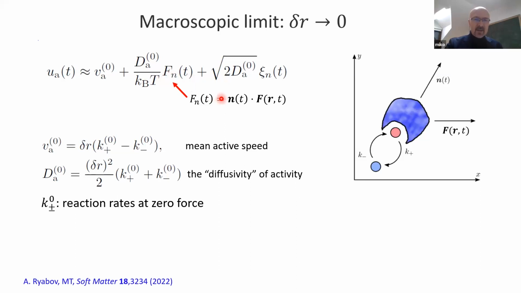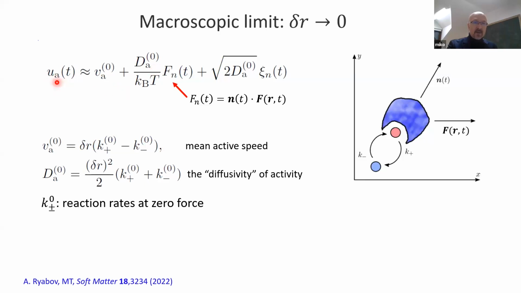So this F_n is a projection of the external force upon the direction of motion. This parameter D_A, the so-called diffusivity of activity, quantifies the fluctuations of the forward and backward reactions. And the last term is the noise. So you see that in this thermodynamically consistent model, we have the dependence upon external force.